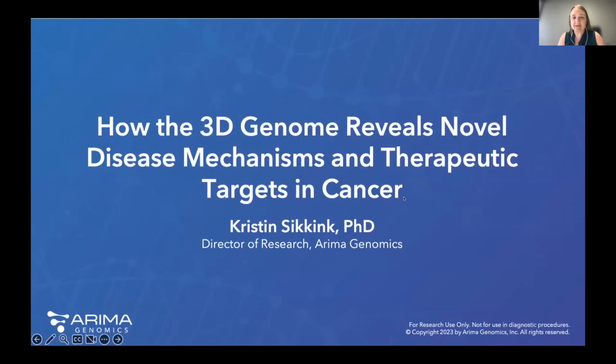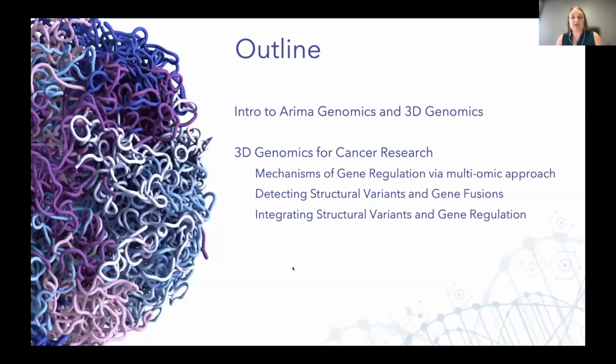So welcome everyone, and thank you for joining us today. I'm really excited to be here to share some of the latest from ARIMA Genomics. So today I'm going to begin with an introduction to ARIMA's technology and how we're able to explore the 3D structure of the genome before touching on some of the ways that 3D genomics is being applied in cancer research.